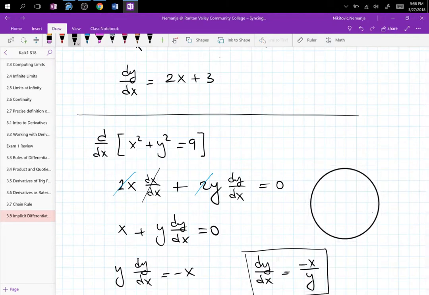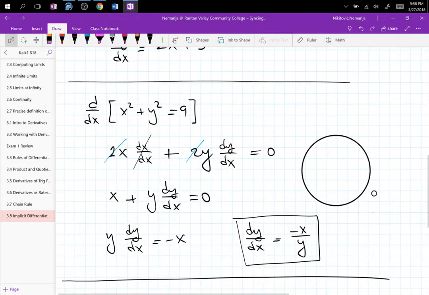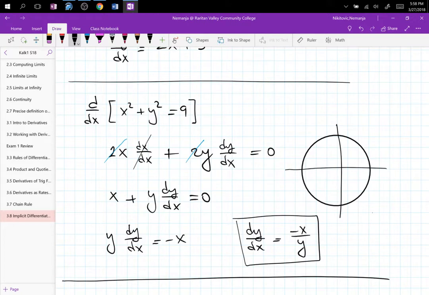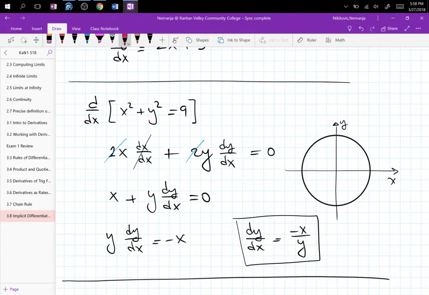So if you have a circle and you have your x and y axes, you can have a horizontal tangent line with slope equals 0 at the point (0, 3).